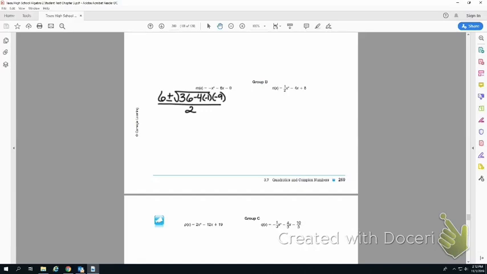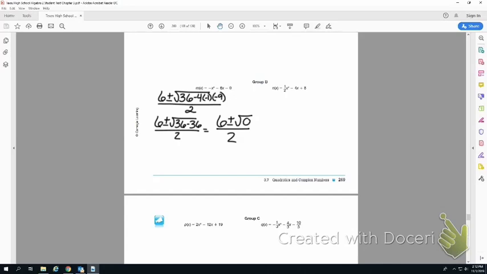So that's going to end up giving me 6 plus or minus the square root of 36 minus 36, over 2. 36 minus 36 is going to be what? 0. So I got 6 plus or minus the square root of 0 over 2.